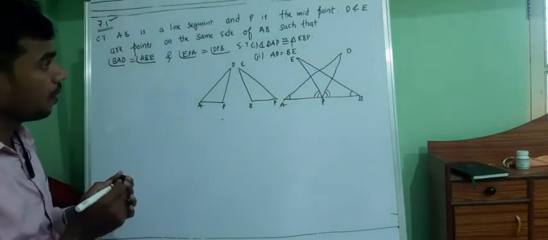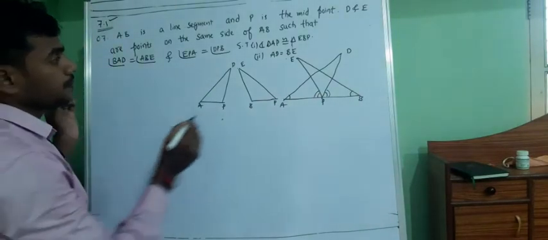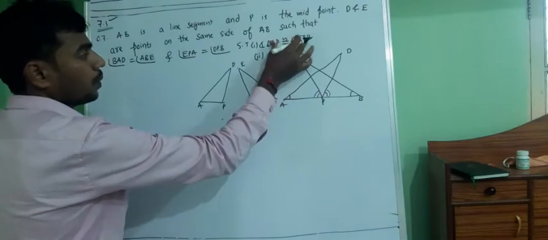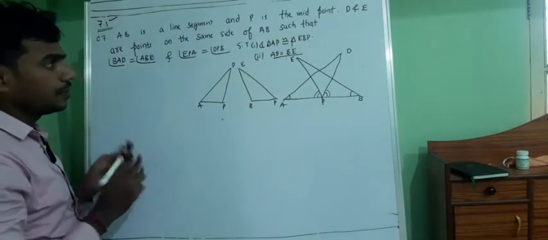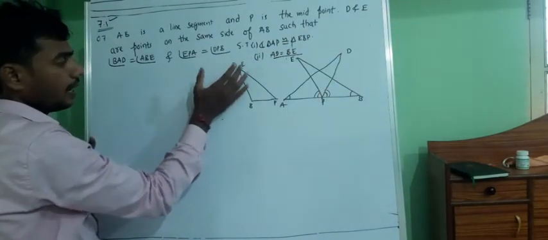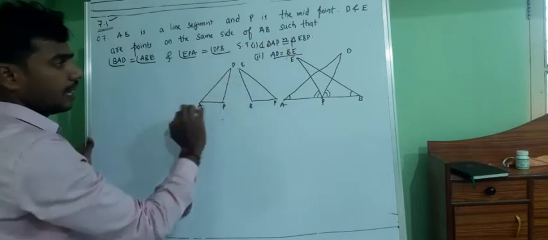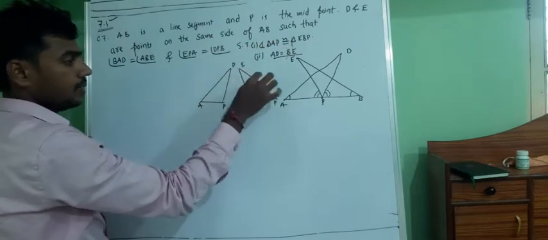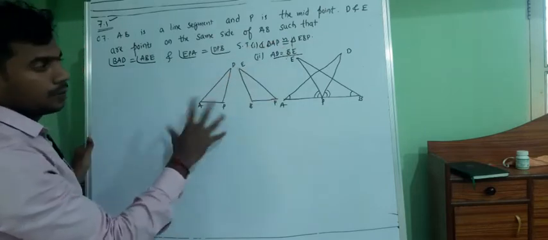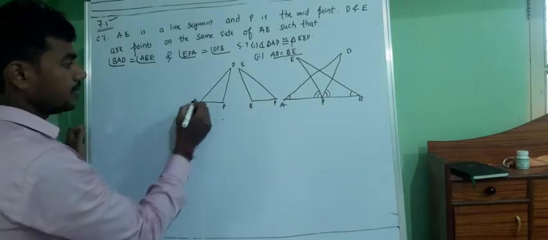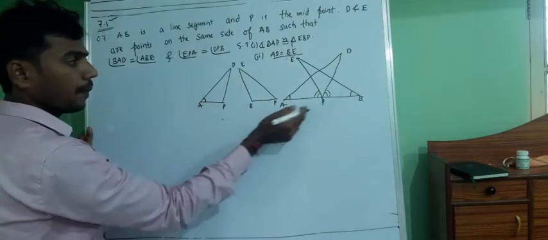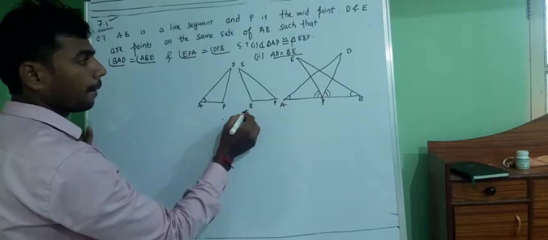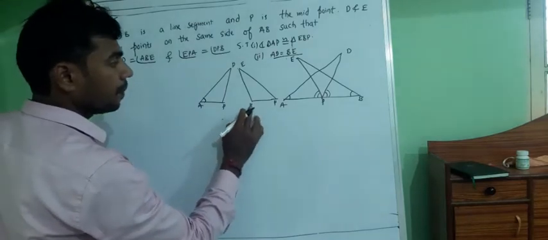Now, to prove that, to avoid confusion, I have taken DAP separately, and EBP. So in this, what all is equal?